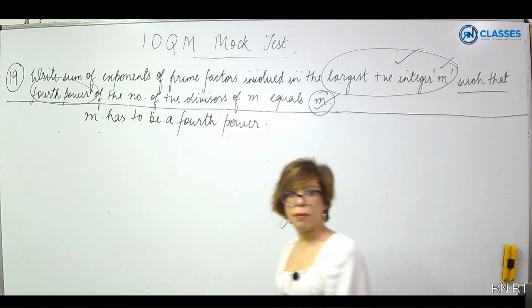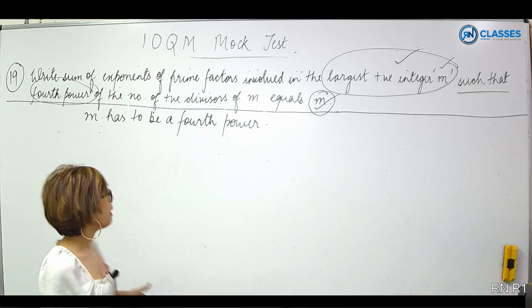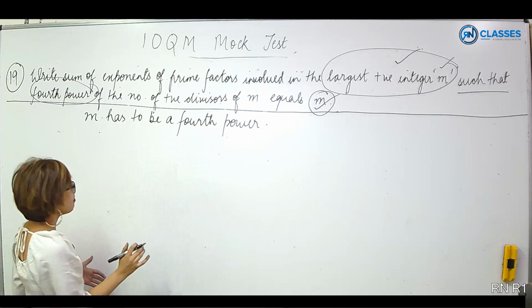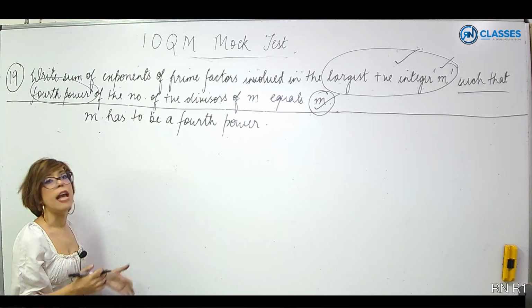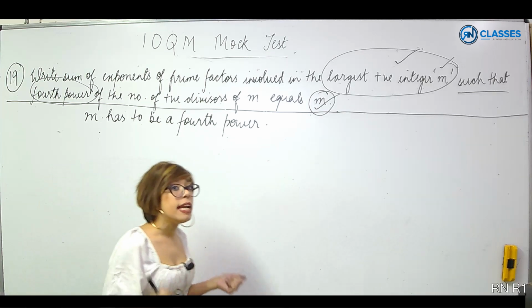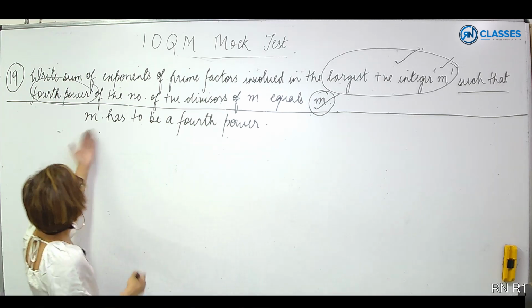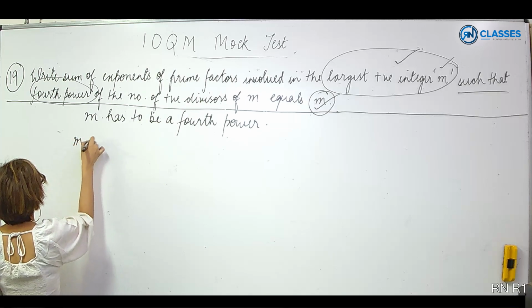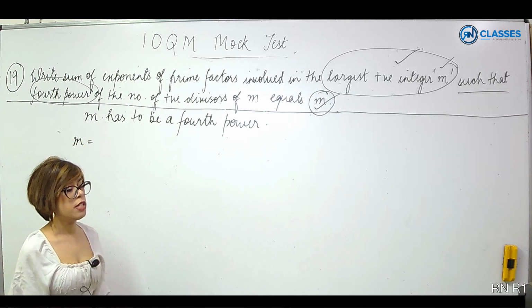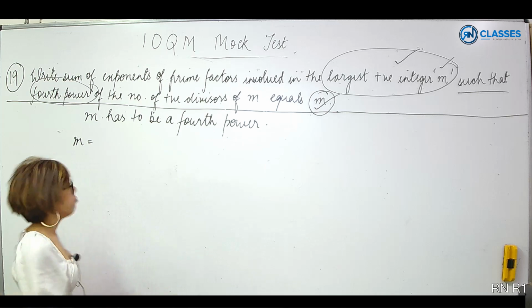Now m is a fourth power. Let me prime factorize it. Right? So m is a fourth power. That means my power would be either 4, 8, 12, or 0. That you understand. Right? So let me prime factorize this. So m looks like this. Now prime factors. So the first prime factor is 2.